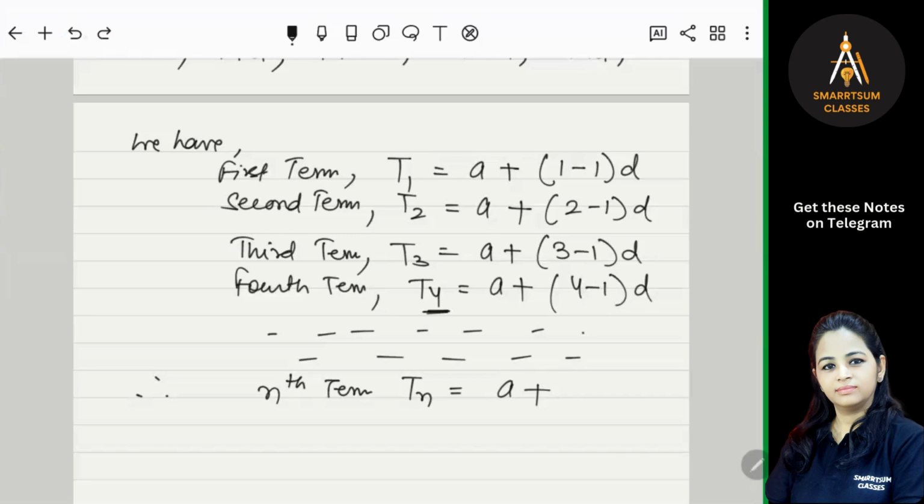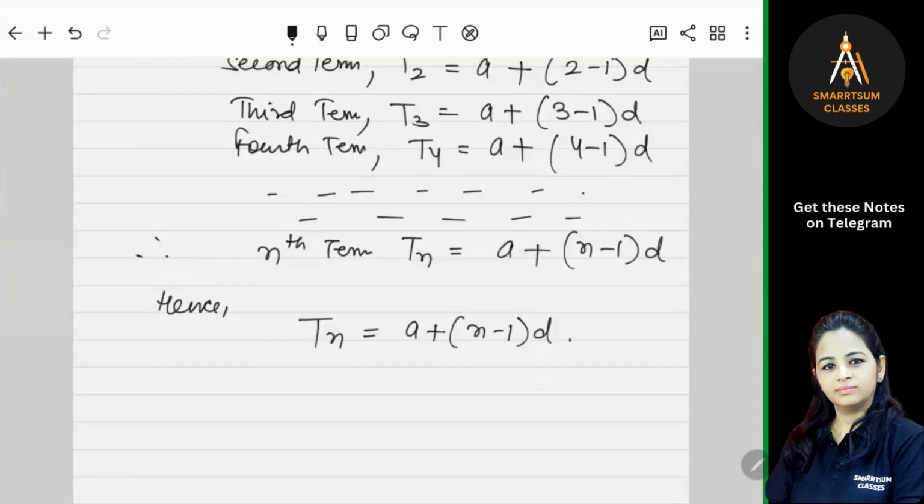So when we are finding the nth term, Tn will be A plus n minus 1 into D. Therefore, we have got the general rule: Tn is A plus n minus 1 into D. Means the nth term of the AP can be found by this formula. Is that clear?